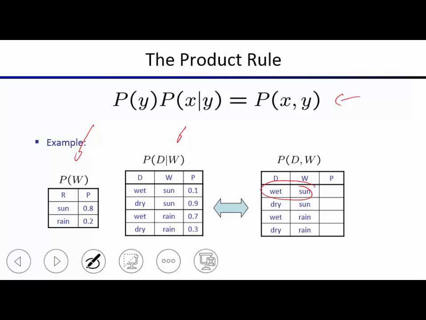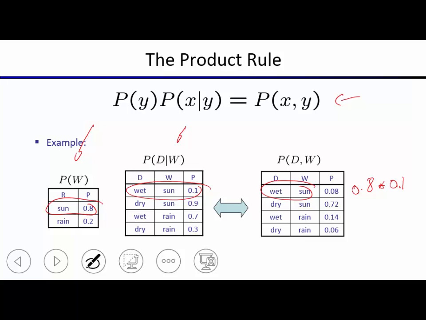We look at the marginal for weather. It's sun that we're interested in, so that's 0.8. Then we multiply with the conditional of wet given sun, which is over here, 0.1, and we get 0.08 as our entry there. We can do the same thing for the other three. And this is what we end up with.